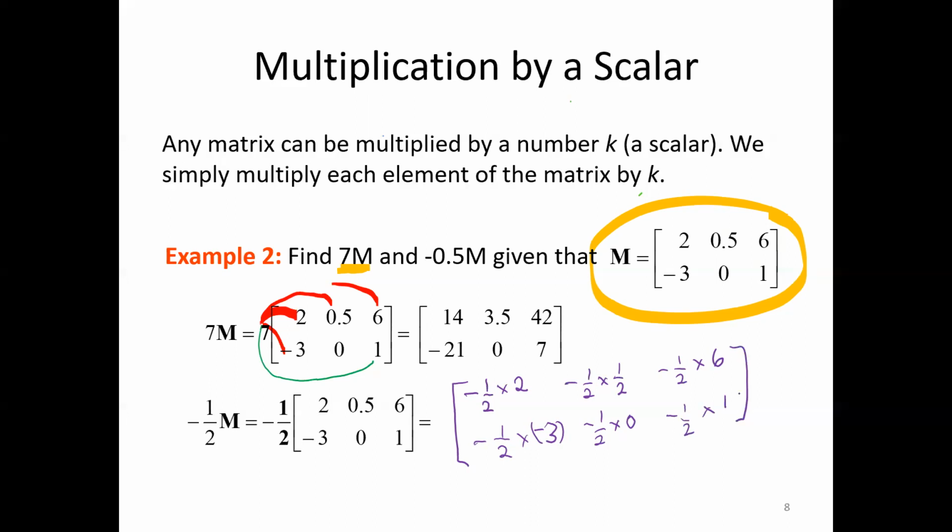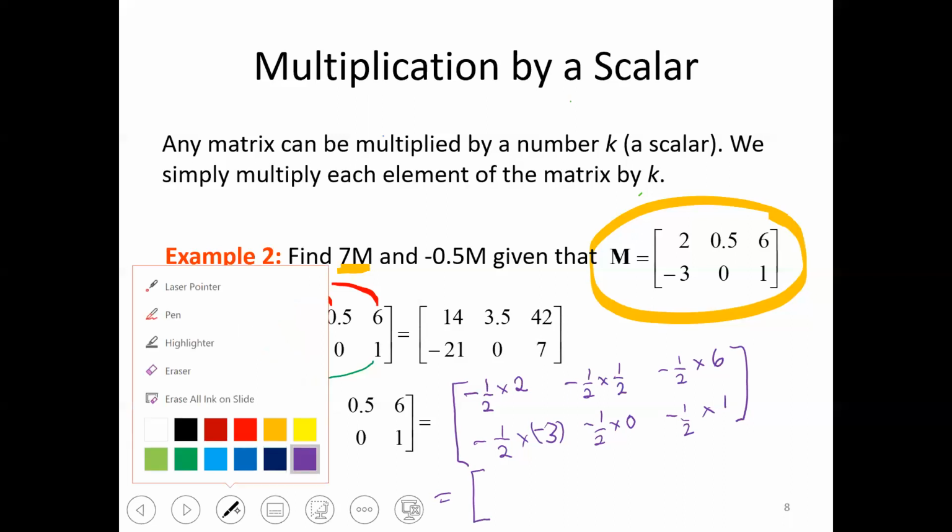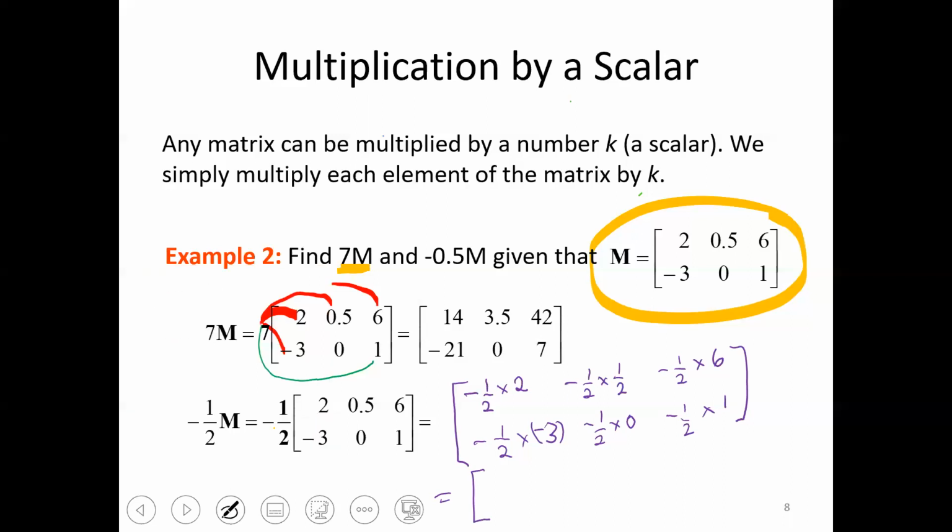Okay, and that will give us, so I'll just show you this. Okay, this 2 will cancel with this 2, so it's minus 1 here, and minus half times half is minus 1/4, or minus 0.25, same.